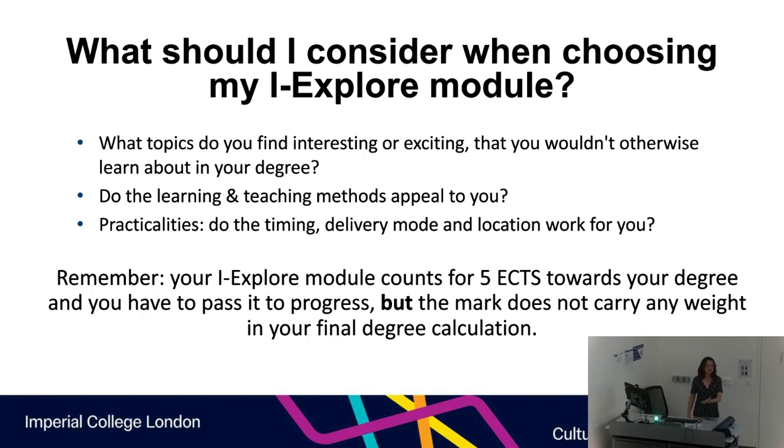You have no idea if you're any good, and actually you find it really hard, and you struggle, and you don't really do as well as you normally do. That isn't a problem, because if you get 40% and you're on course for a first-class degree, that 40% will not count towards that first-class degree. So you can't tank your own degree class.